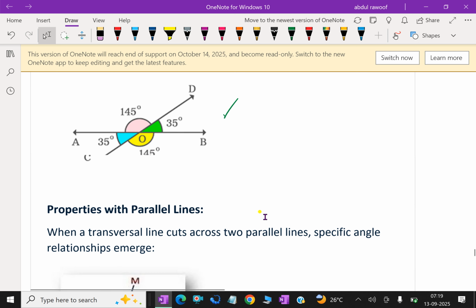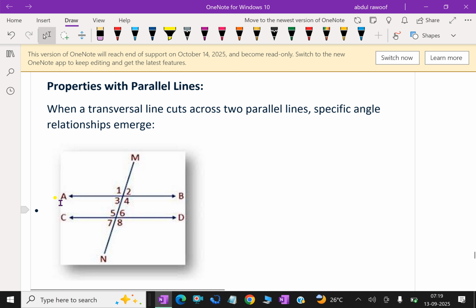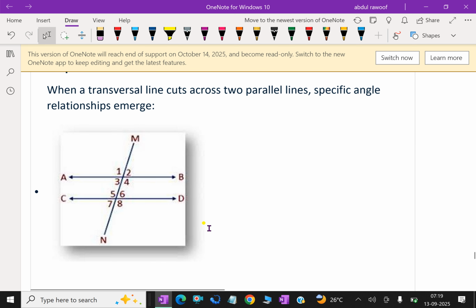Properties with parallel lines. Look at here. Suppose two parallel lines AB and CD are there, and MN is a transversal. That means a line crossing these two lines. When a transversal line cuts across two parallel lines, specific angle relationships emerge. Here, angles 1 and 5 are corresponding angles.